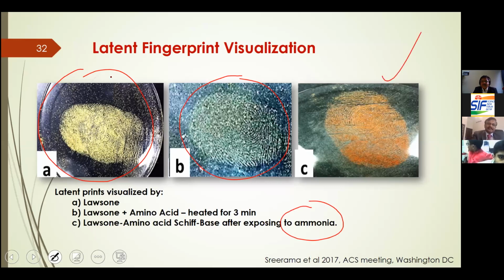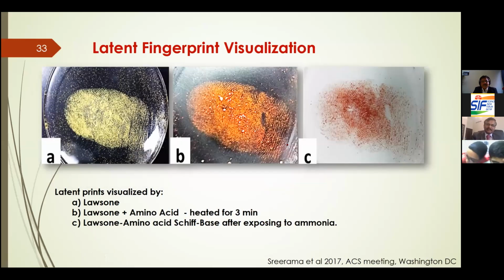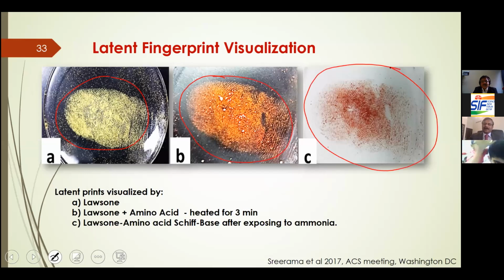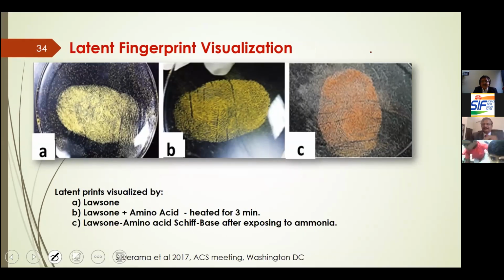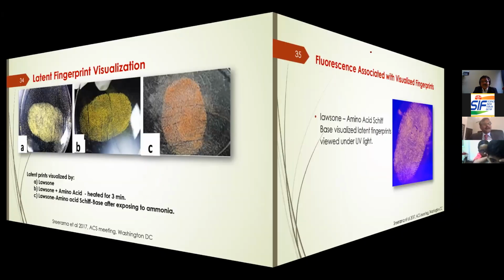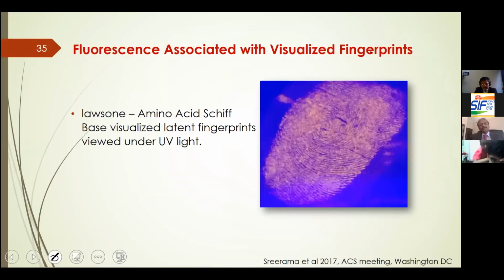So we repeated this with another compound. Notice here, this amino acid really reacts very quickly, and when you add ammonia, you can see how the color becomes really dark. And it is yet another example of enhancing the color. So what does this lead us to? It leads us to believe that these compounds can be easily used to visualize fingerprints on surfaces that are not visible.